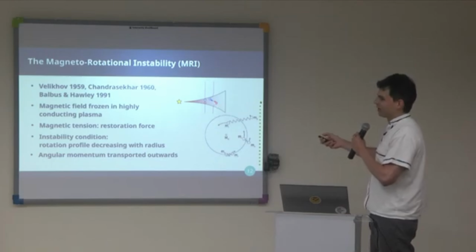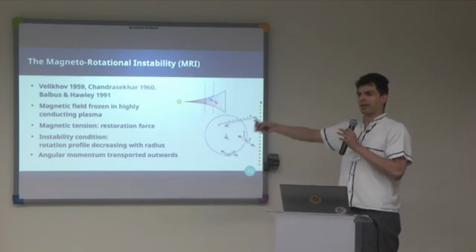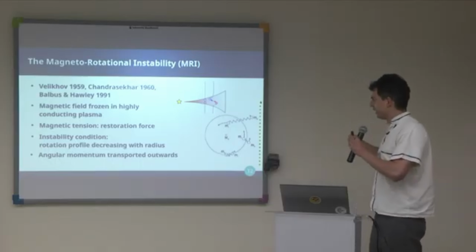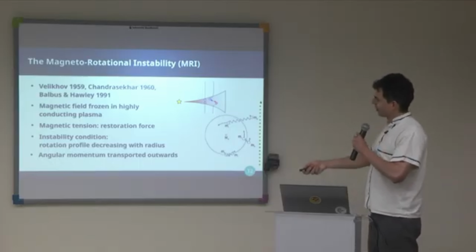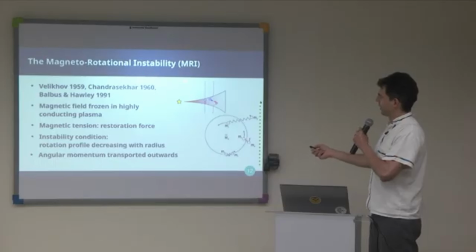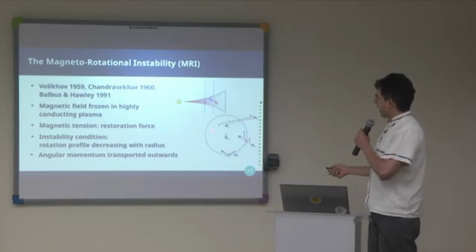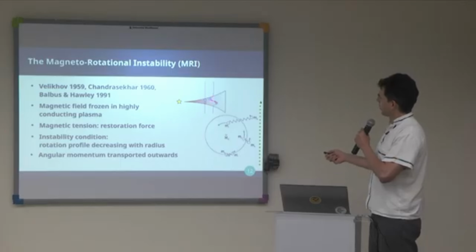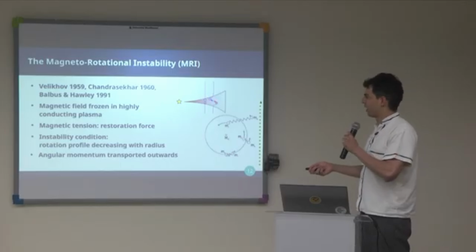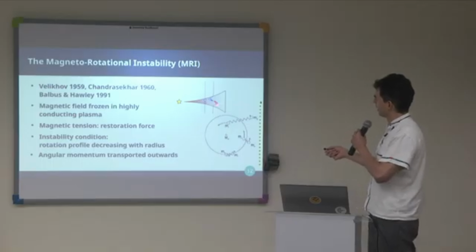So this means that it will try to escape to an orbit that is even farther away. This creates a runaway process that is precisely the magnetorotational instability. And this also results in the transport of angular momentum, because the particle that goes close to the black hole will have too little angular momentum, and the particle that is outside will have too much angular momentum.